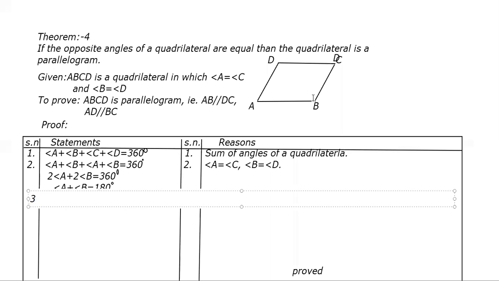So we can write AD is parallel to BC, because the sum of co-interior angles is 180 degrees. Look here, this is angle A plus angle B.